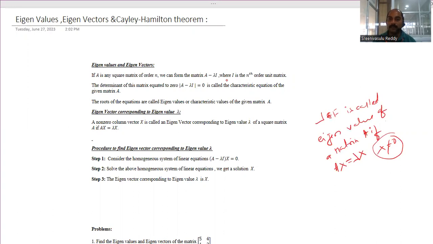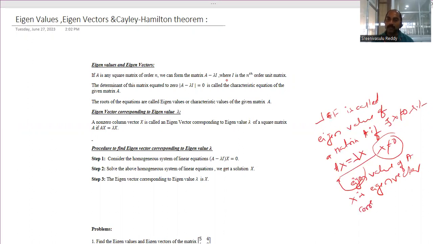If there exists a non-zero column vector such that Ax equals lambda x, then lambda is called an eigenvalue, latent value, or proper value of matrix A. Here x is called an eigenvector, or latent vector, or proper vector, corresponding to eigenvalue lambda. These are the usual definitions.